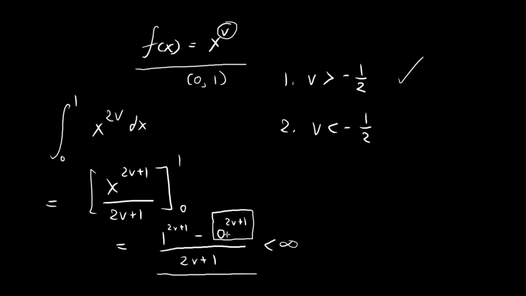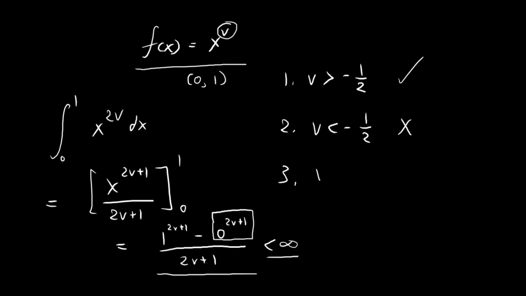So you have an expression that behaves like 1 divided by 0, and of course that expression is going to diverge, and then it's going to break this condition. So when v is smaller than negative 1/2, this function will not lie within Hilbert space. So if v is something smaller than negative 1/2, let's say x to the power of negative 2, then f of x will not lie within Hilbert space.